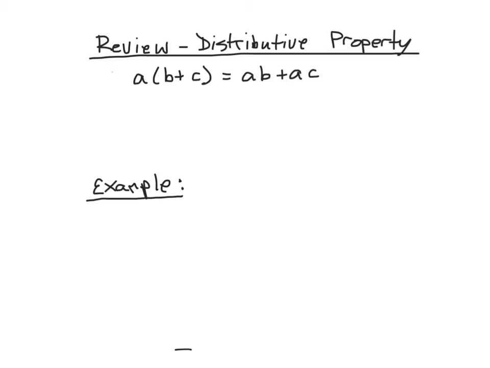Okay, the next thing we need to do is review the distributive property. And the distributive property, as I have it written here, states that if I have A and then in parentheses B plus C, I can literally multiply the A times the B and then the A times the C and rewrite it without parentheses as AB plus AC.